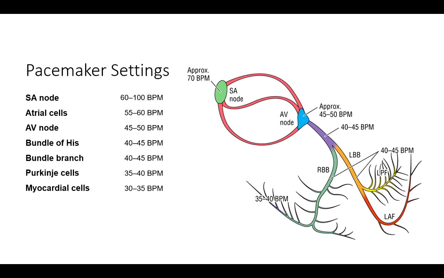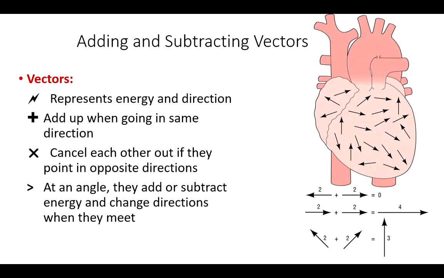The second fastest pacer is the AV node. Obviously, the further we get down in this electrical conduction pathway, the slower the pacemaker settings.